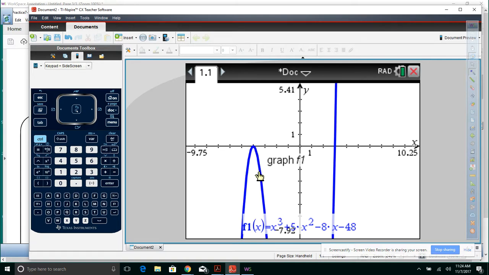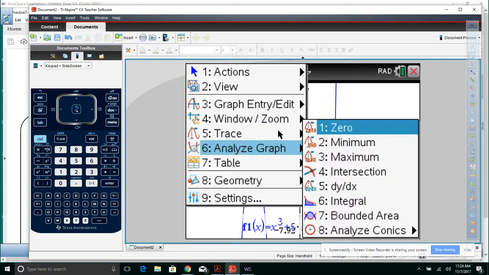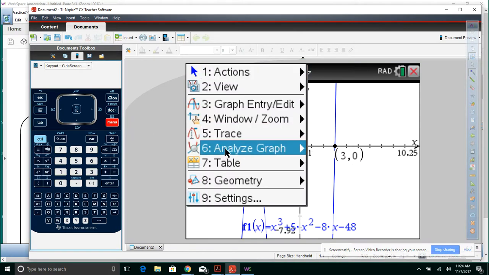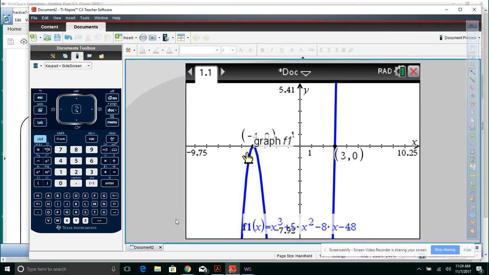Okay, so let's take a look at menu 6-1, and we got that one. Oh, that's a 3. Menu 6-1, and what? That's a negative 4. Now, this didn't actually cross the x-axis.